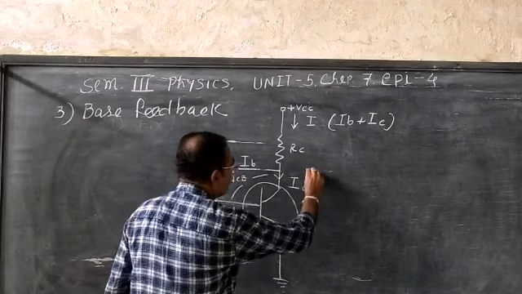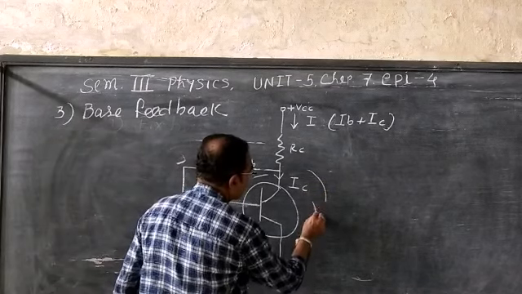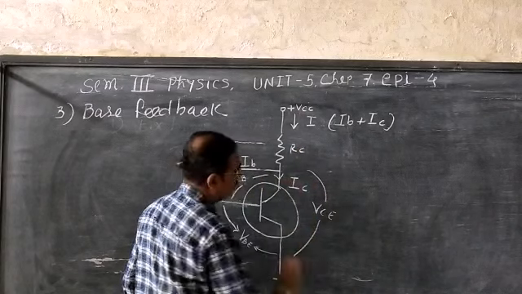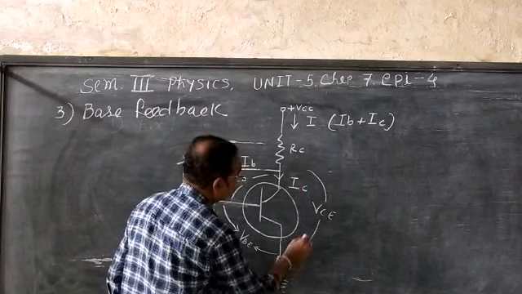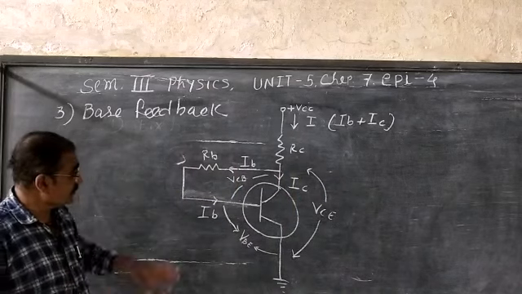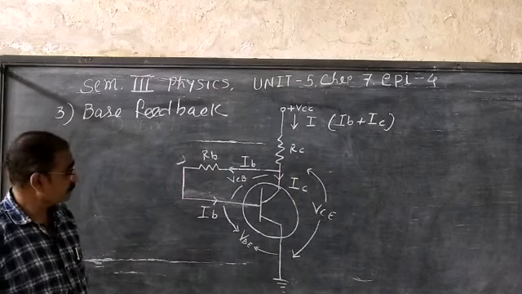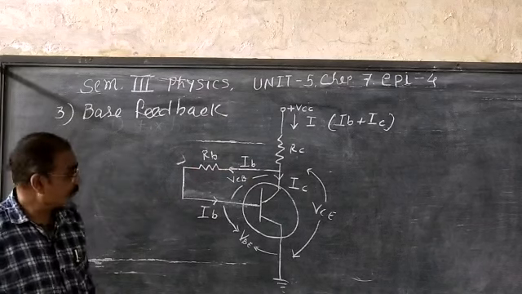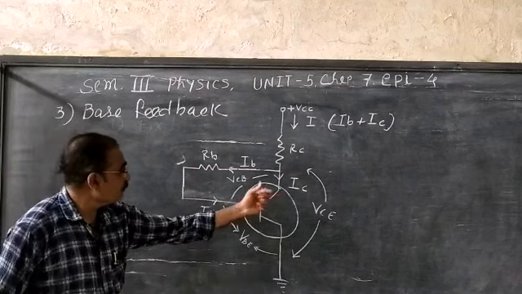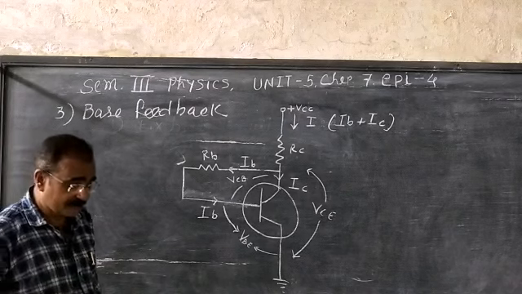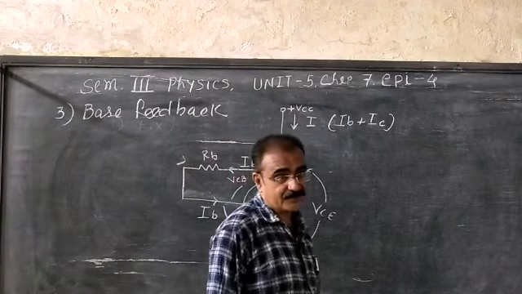Obviously this voltage drop is known as VCE. So the circuit shows the current flow directions and second, the voltage drops. Now let us start to evaluate our circuit.